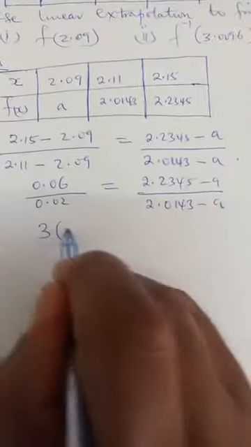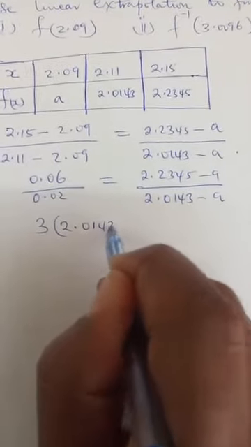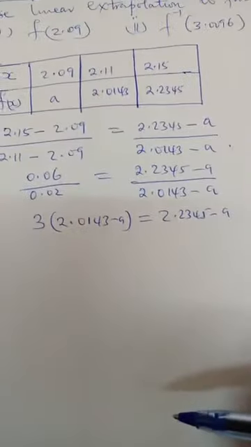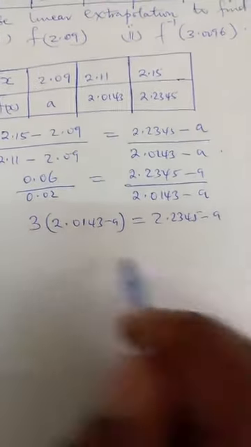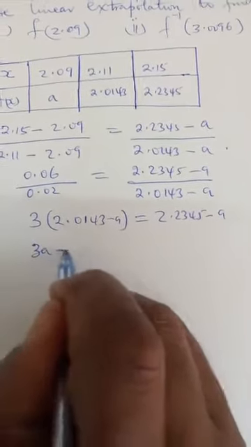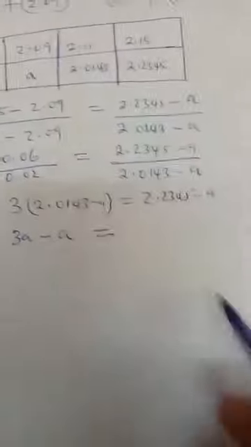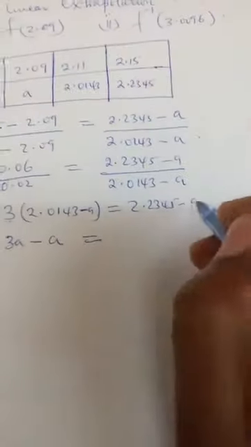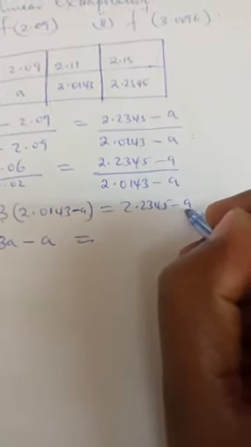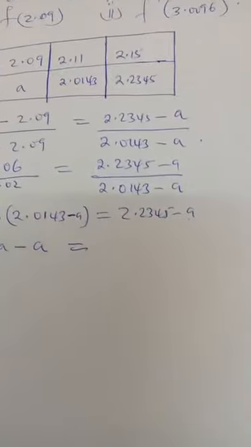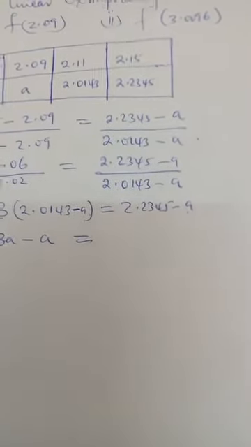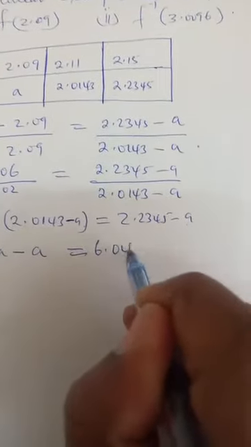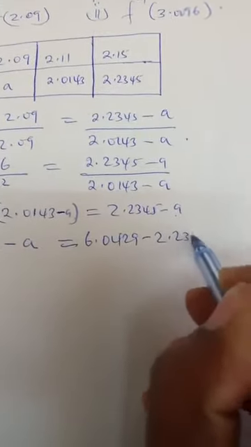So it means 3 into the denominator here, 2.0143 minus A, will be equal to 2.2345 minus A. And since our interest is A, it means that our 3A minus A, because this is going to be negative 3A, but when we take it to this side it becomes positive, will be equal to 3 multiplied by 2.0143, which is 6.0429, minus 2.2345.